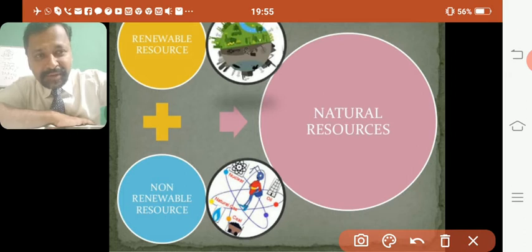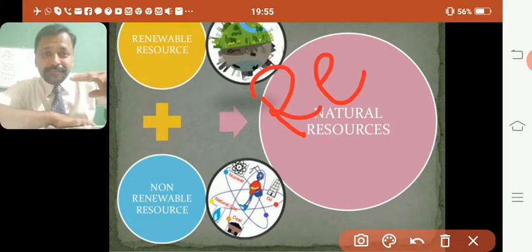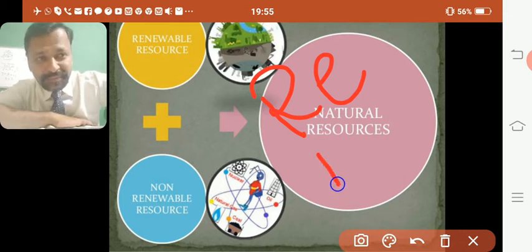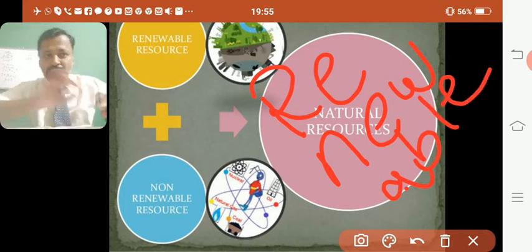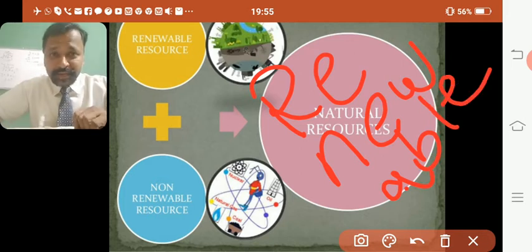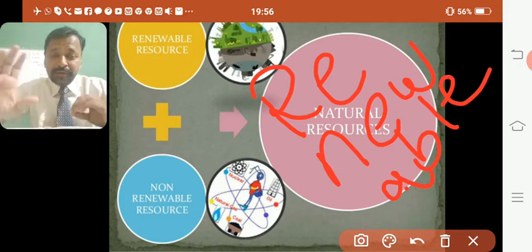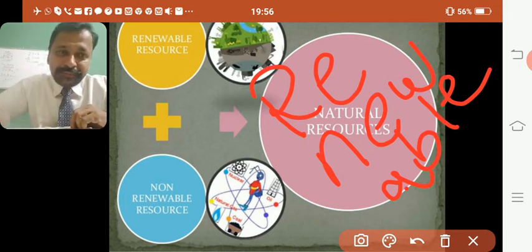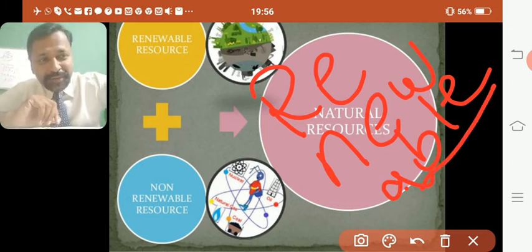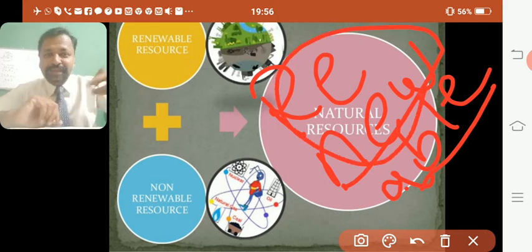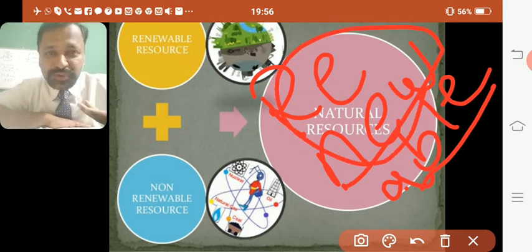Now, Re means you can repeat it, again you can do it. New. Able. So re, you can do it again, it can be repeated. New, so it can repeat itself newly. Able, so any resource which has the ability to renew itself is called a renewable resource.